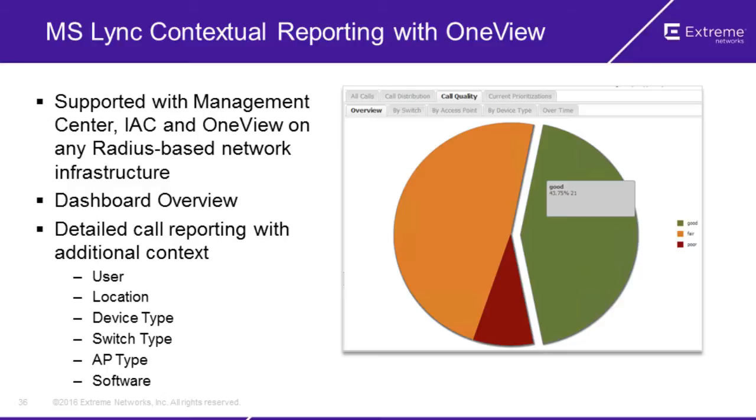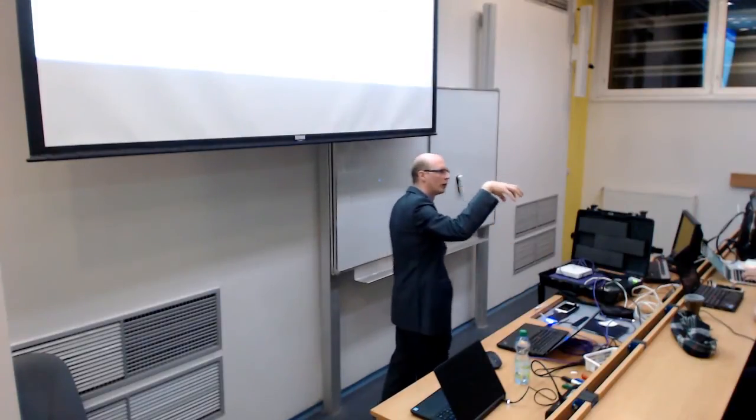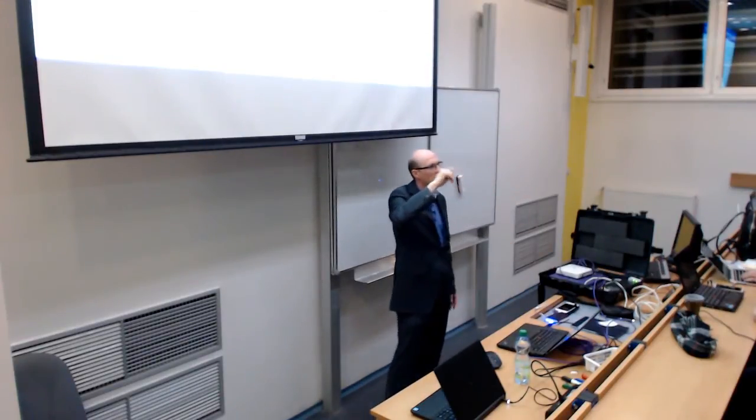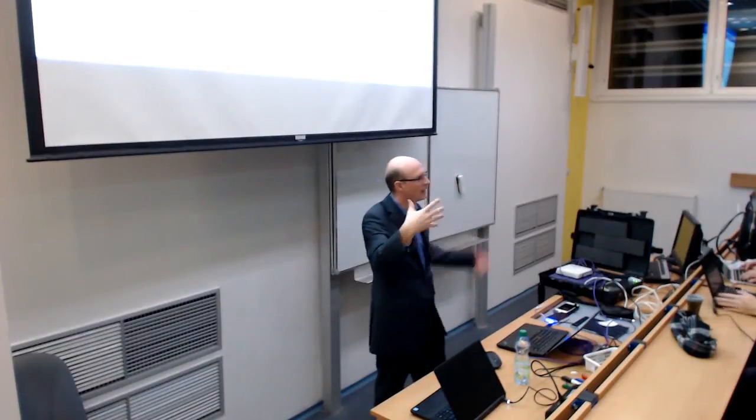Another thing which can help you later is if you get from this audio conferencing tool the information about the quality of the session, how it was. Was it good? Was it bad? The client can tell you. Okay? So then we can get this information and we can combine it with the information where the user was.